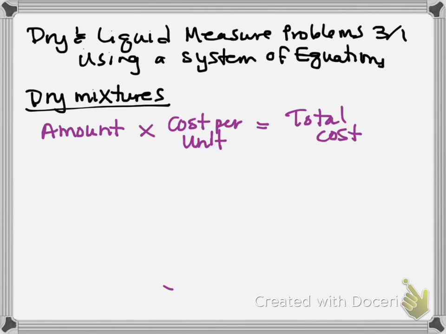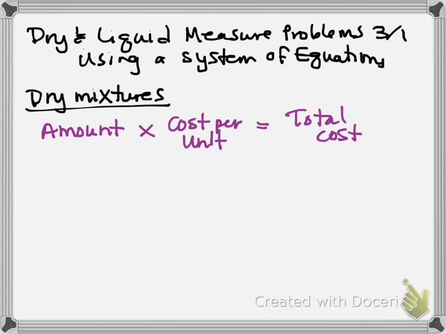Okay, so that's our dry mixtures. They're going to be using that sort of premise. And this is things like $3 per pound of peanuts, and you have 10 pounds. So you can figure out that's going to cost you $30 for those 10 pounds of peanuts.